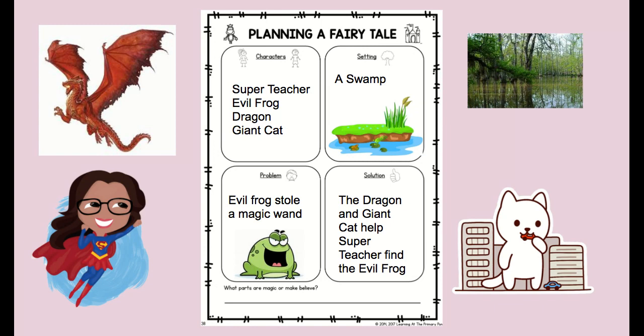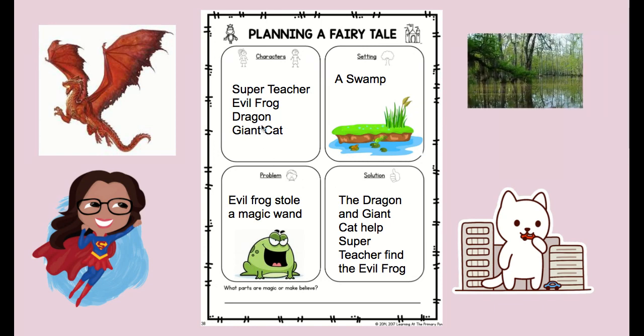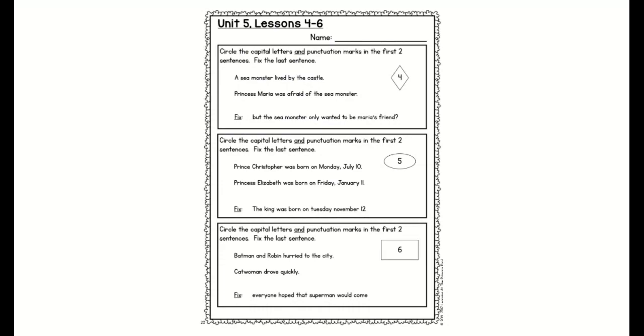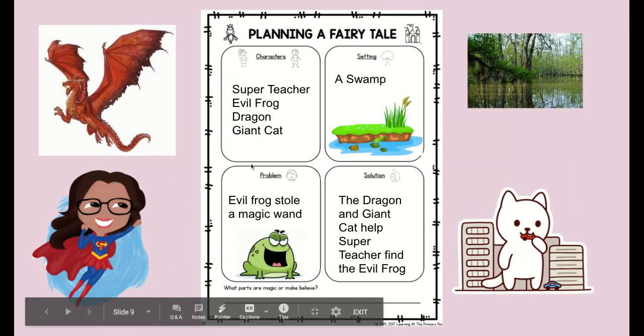Okay, now you are going to add more details to your own story. So can you see how I used the same characters that I wrote in my other paper, but I wrote fewer characters here. Okay, so now you're going to create your own.